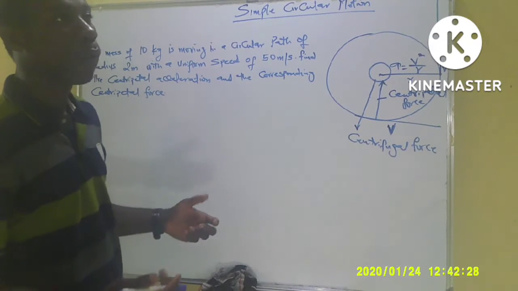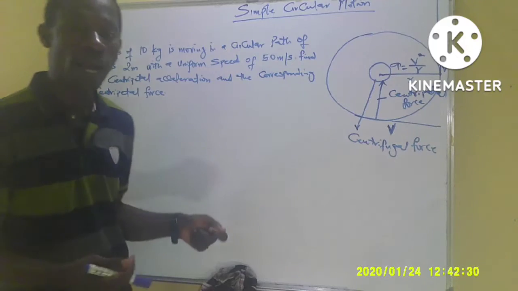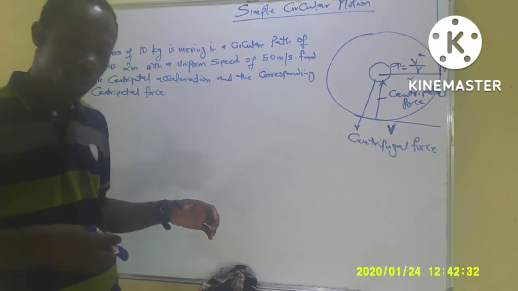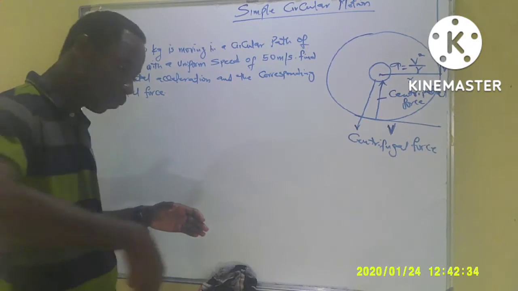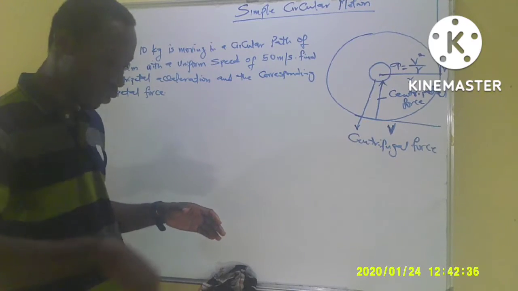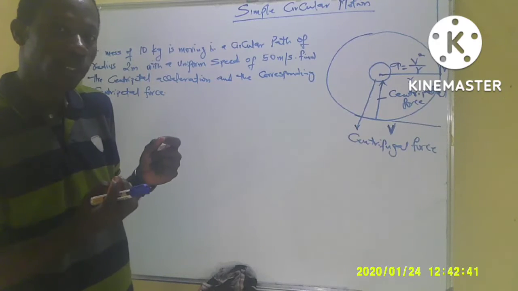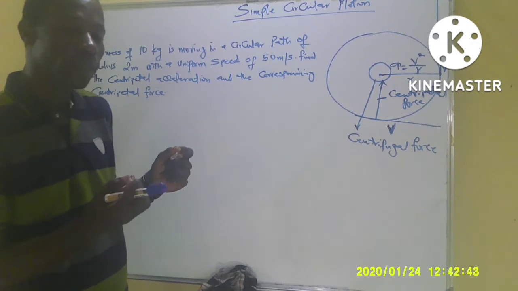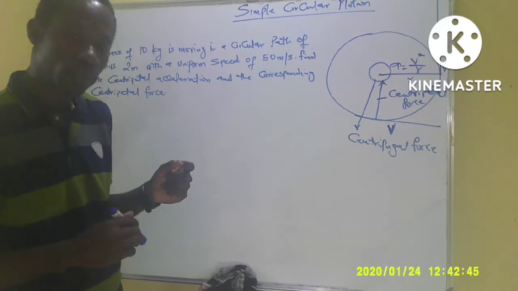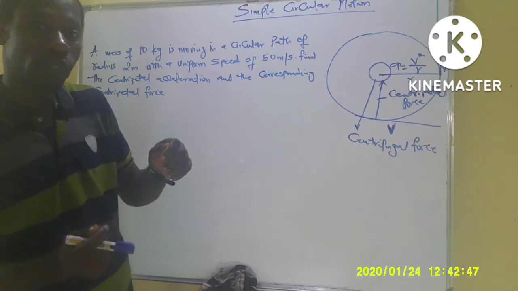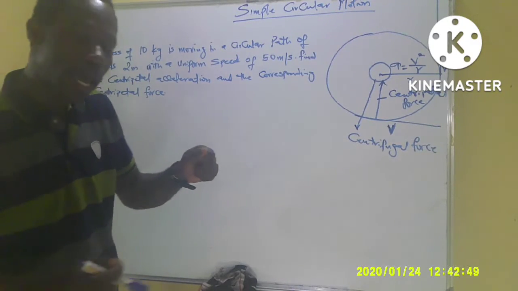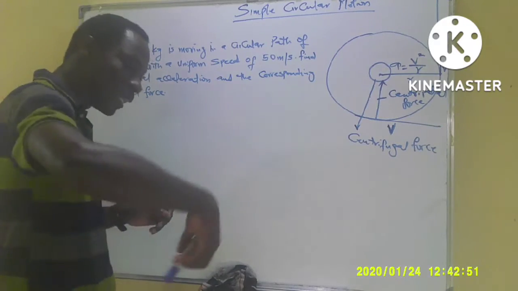An example is when you are driving your car in a corner or a bend, or let's assume a roundabout, in a circular path. You know there is friction between the tire of the vehicle and the ground, and at that point the vehicle tends to exhibit a force that keeps it at that point.